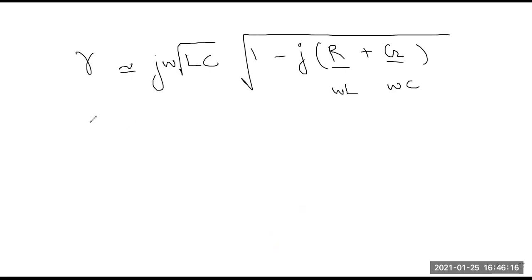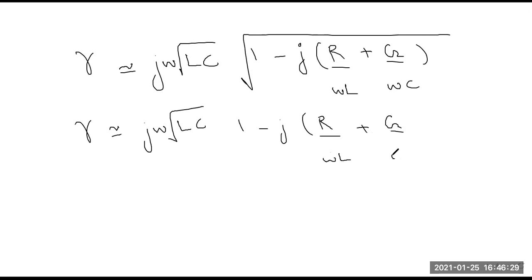Now what I can do is simplify this result. I can represent the square root by the power 1 by 2, and then make use of a series, that is, a Taylor series.